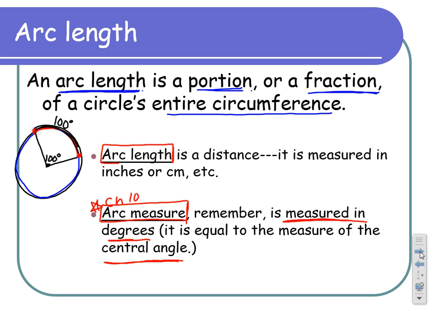But that's not what we're finding when we want to find arc length. Arc length is going to be measured in inches or centimeters. So we have to find that a little bit differently. So its measure may be 100 degrees, but its length may be 10 meters long or something like that from here to here. That's going to depend on what my radius is.